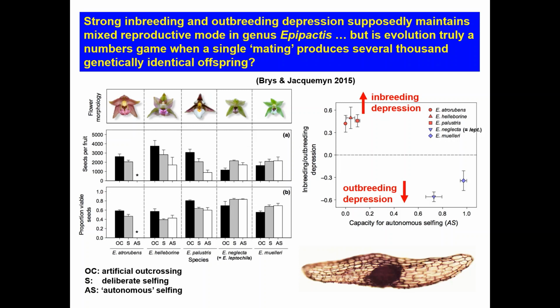And although fruit set in some of the species was lower when you deliberately selfed it or left it to see whether it's selfed in the wind, the difference, in my opinion, is not great enough to actually suggest that one of these strategies would be more successful than the other. I think this is a very subtle distinction.